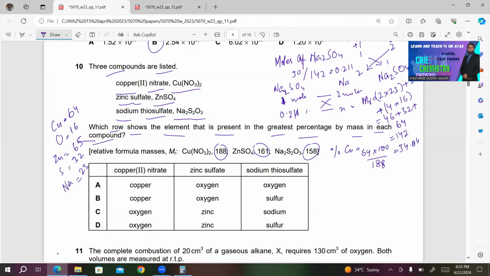What about oxygen in Cu(NO3)2? We have 3 multiplied by 2, 6 atoms of oxygen.